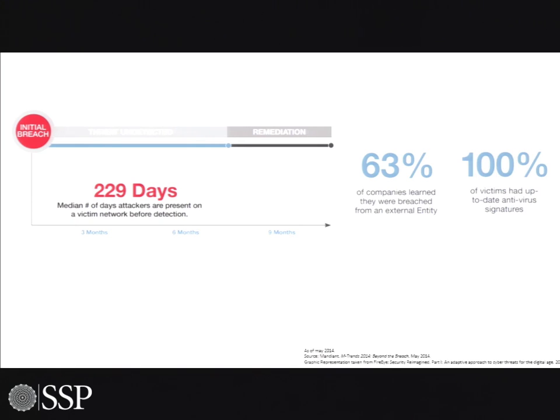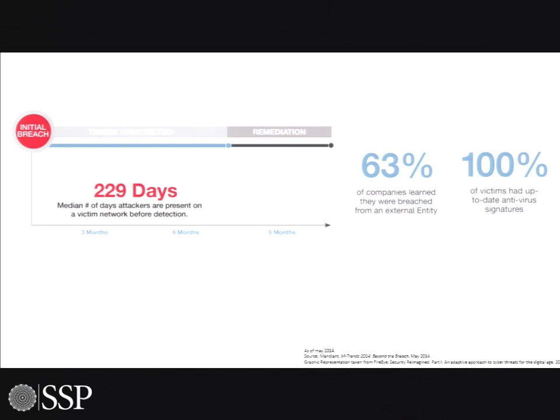This is from another cybersecurity report by FireEye, which is a firewall and other security systems vendor. And this I found really scary. The median number of days attackers are present on a victim network before detection is 229 days. That's very long.